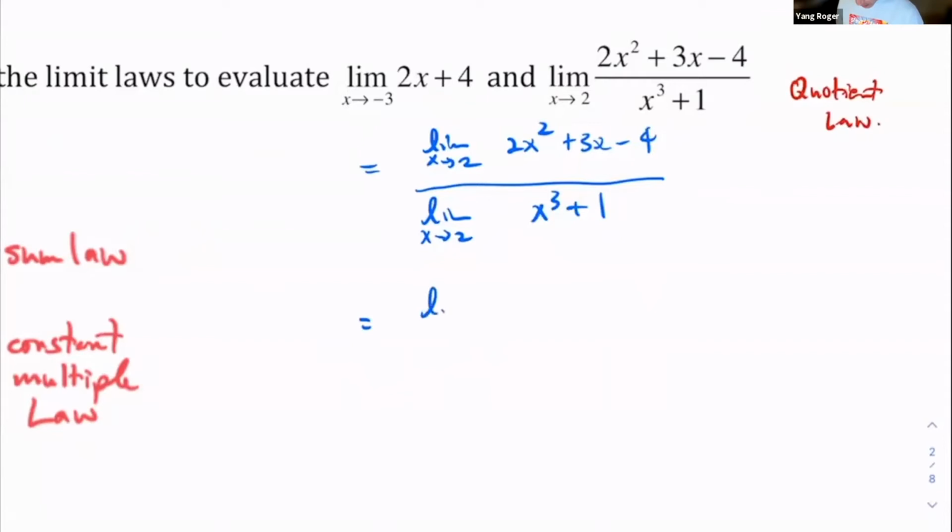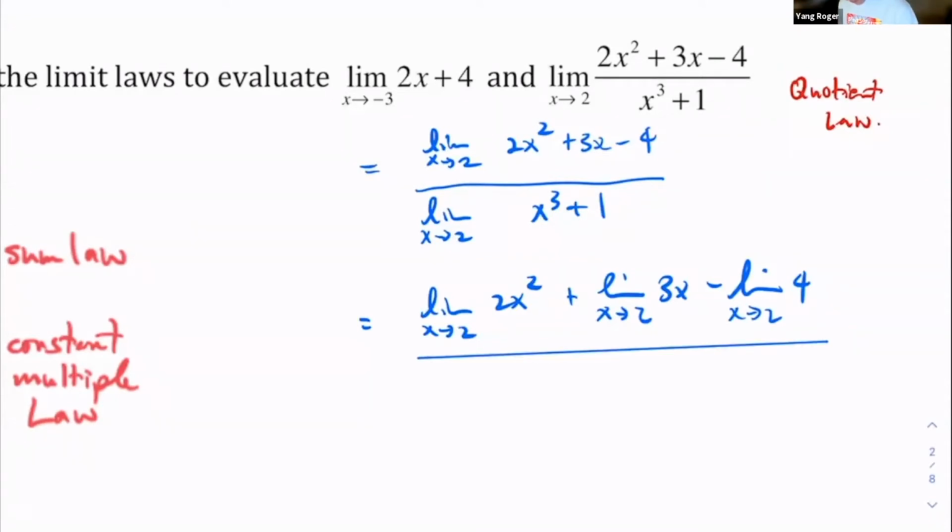The numerator is going to be the limit as x goes to 2 of 2x squared plus the limit as x goes to 2 of 3x minus the limit as x goes to 2 of 4, all divided by the limit as x goes to 2 of x cubed plus the limit as x goes to 2 of 1.